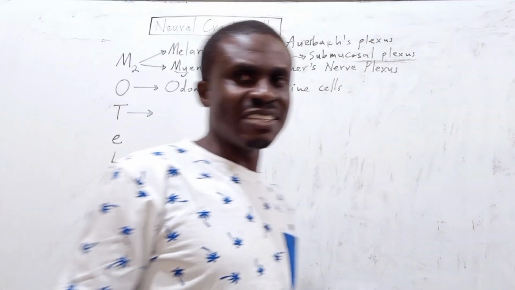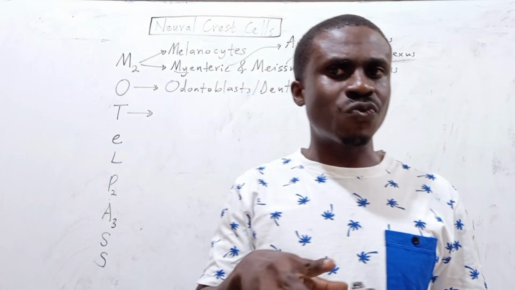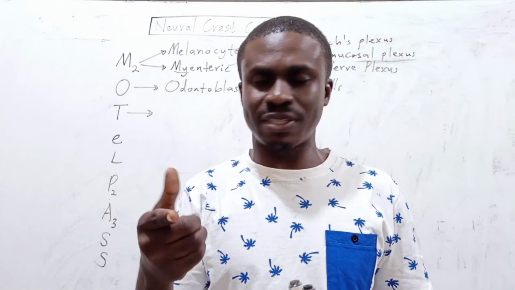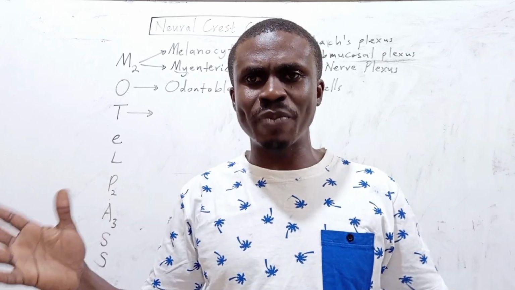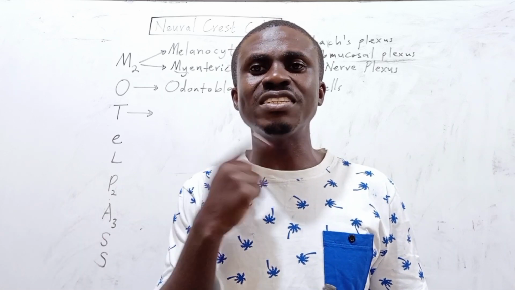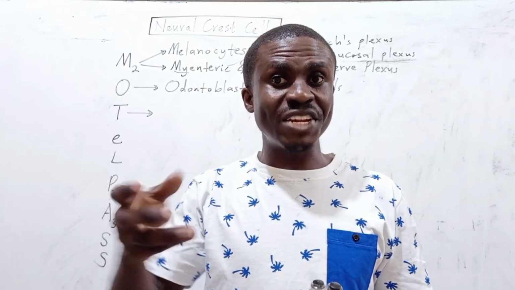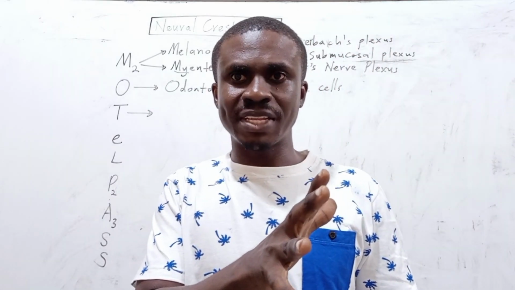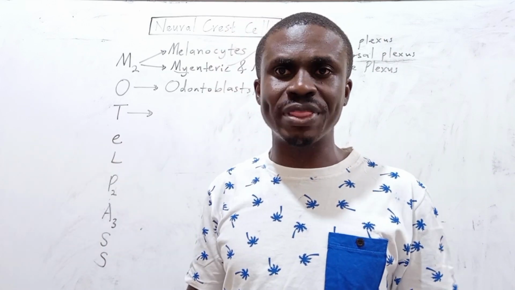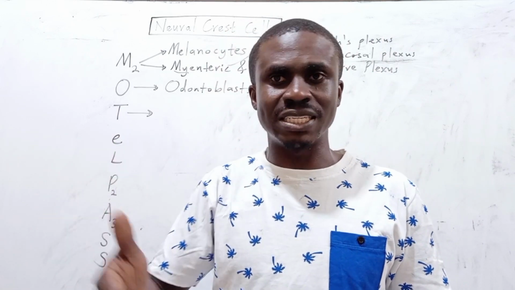Now the next one is a T, and T is for tracheal cartilages. My friends, you know that we have about 12 up to about 16 of these C-shaped incomplete rings of cartilages, and they are those guys that we call tracheal cartilages.